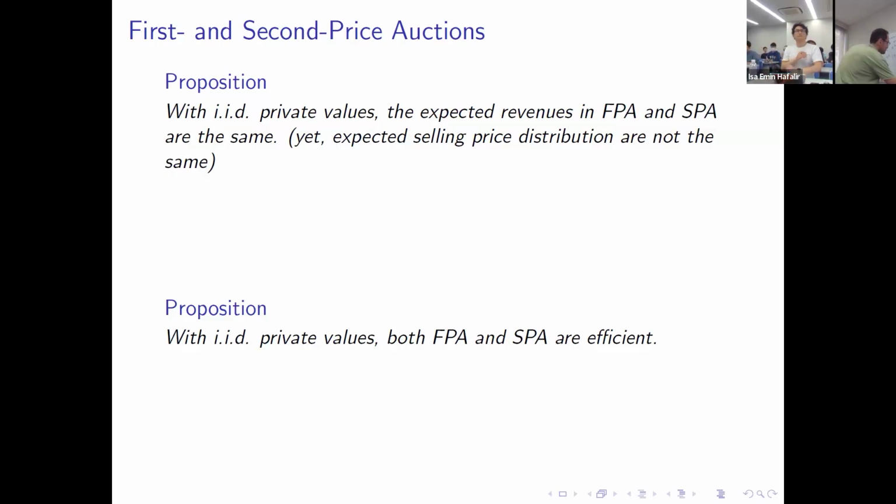Now let's substitute this here. This is beta of beta inverse of P, which is nothing but P. So this shows that the second price auction equilibrium prices are a mean preserving spread over the first price auction equilibrium prices.